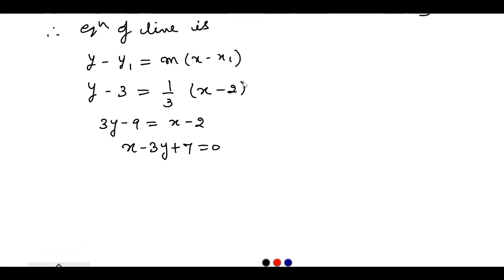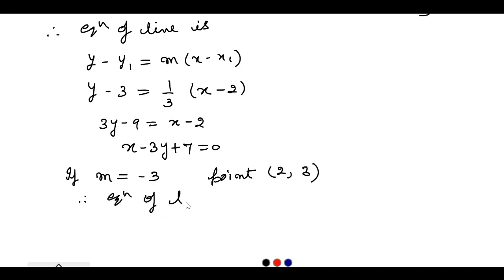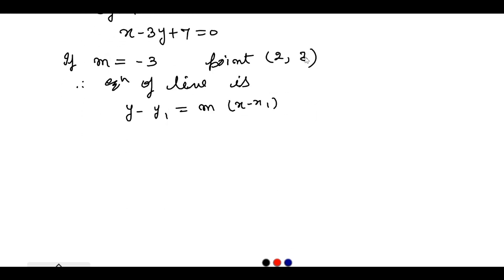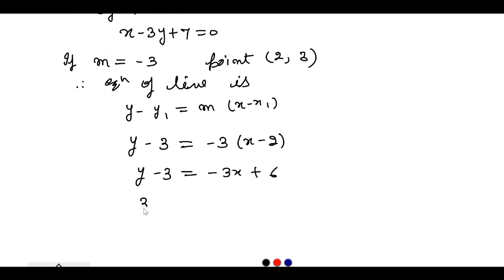Now consider the second case. If M is equal to minus 3, the line is passing through (2, 3). Y minus Y1 is equal to M times (x minus X1). 3x plus y minus 9 is equal to 0.